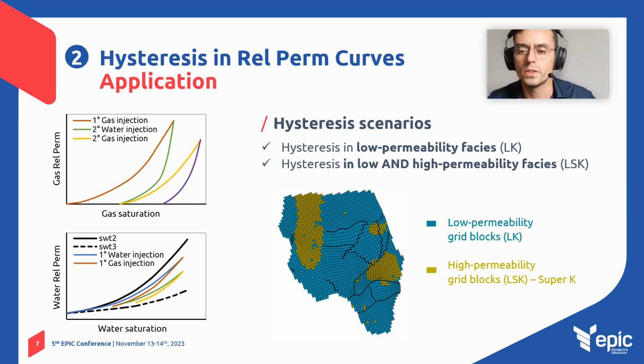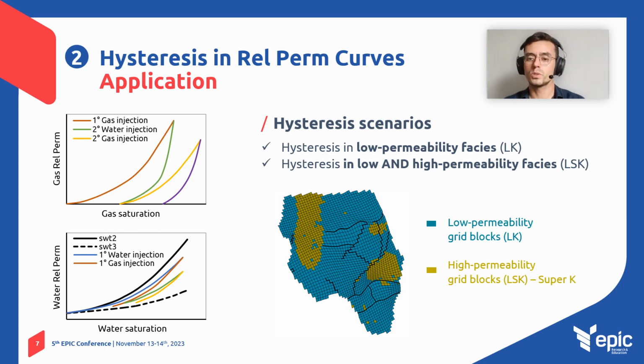Now about the impact of hysteresis in relative permeability curves. I presented a work last year on this phenomenon. And my idea here is just to compare hysteresis with the other phenomena and to show the impacts of hysteresis coupled to Neutron 3.